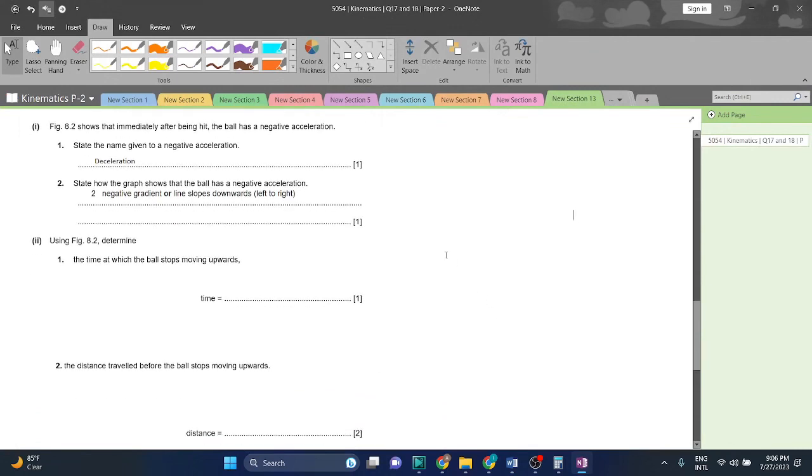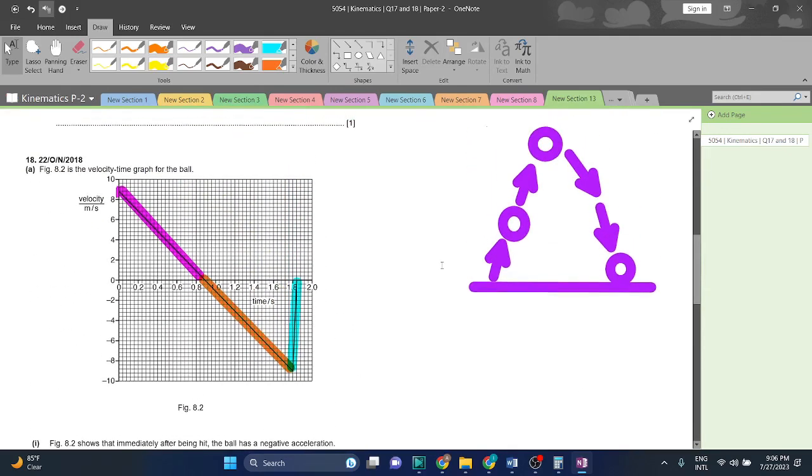Using figure 8.2, at what time does the ball stop moving upwards? This is the time, as I told you, where the ball stops moving upwards. It is a split second where the ball is resting. So it is this point, which is almost 9.